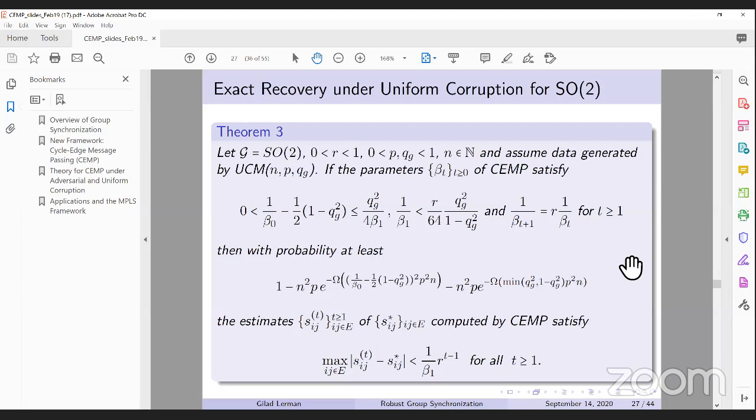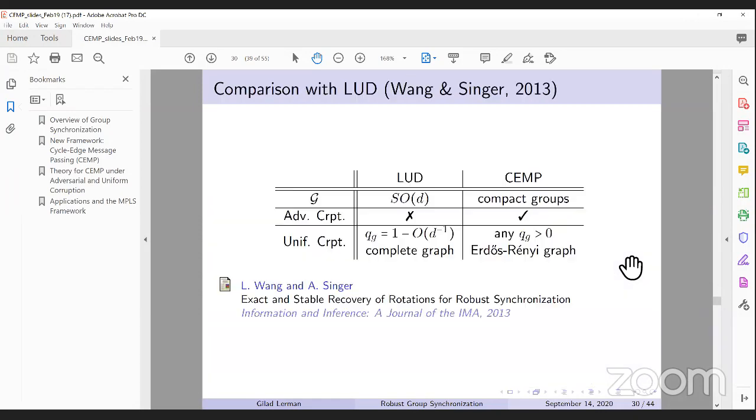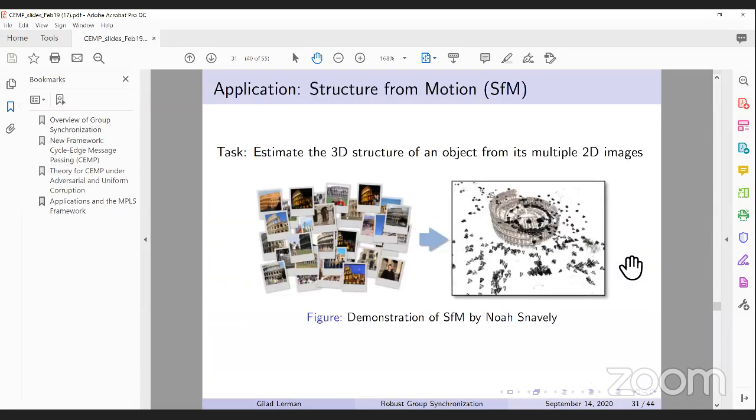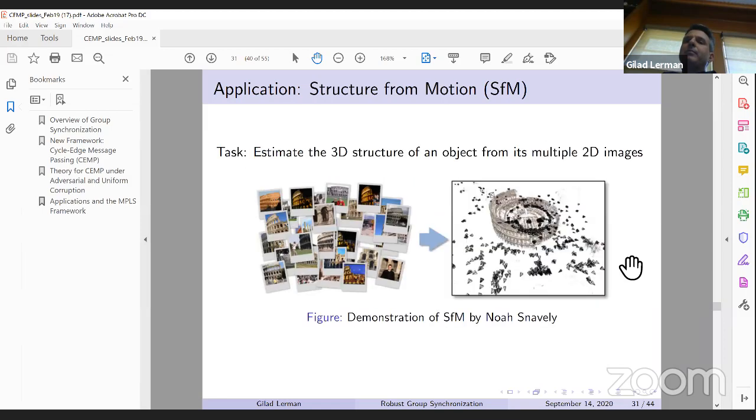My question is, in the real data applications, what is the graph there? Is it a complete graph? It depends on the key point matches. Given two images, you need to compute key point matches. It's not a complete graph.